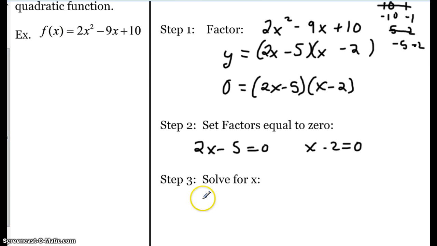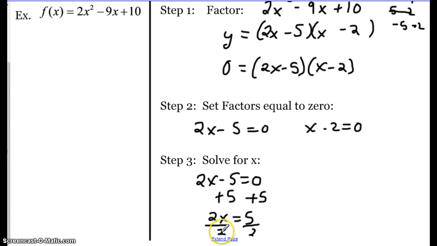So when we solve 2x minus 5 equals 0, we first have to add 5 to both sides, and then we get 2x equals 5. Then we still have to get x by itself, so we're going to divide both by 2.